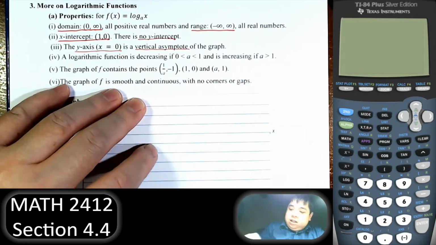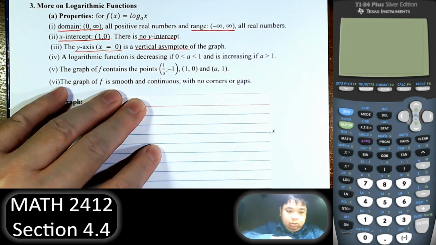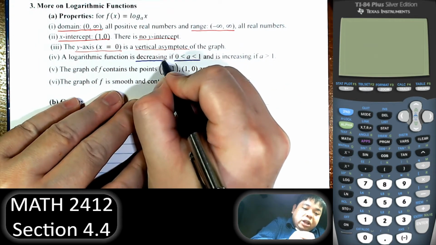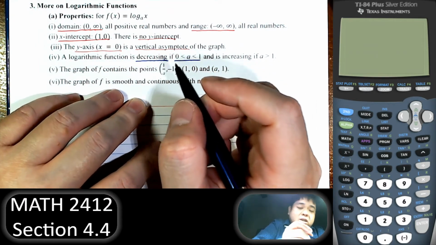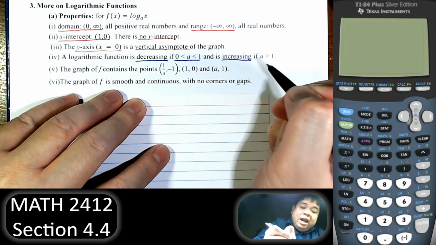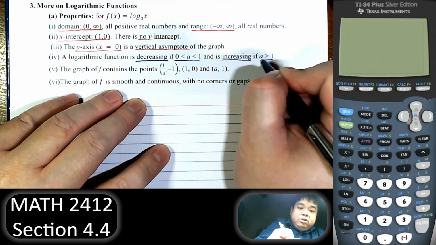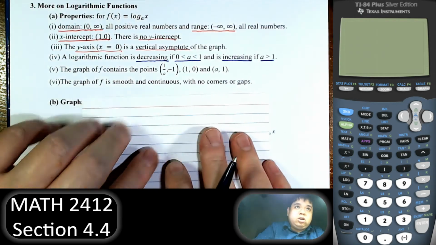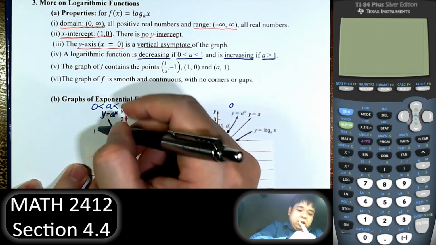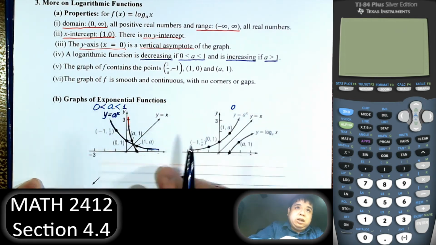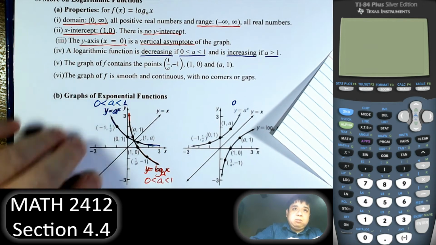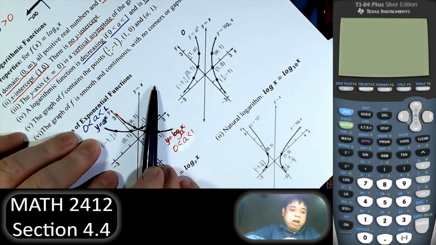For the base a between 0 and 1, it is decreasing, exactly the same as the exponential function, and for base greater than 1 it is increasing, also the same as the exponential function. If the base is between 0 and 1, the exponential function is decreasing, and the logarithmic function is also decreasing, because the graph of a function and its inverse are symmetric about the line y equal to x.